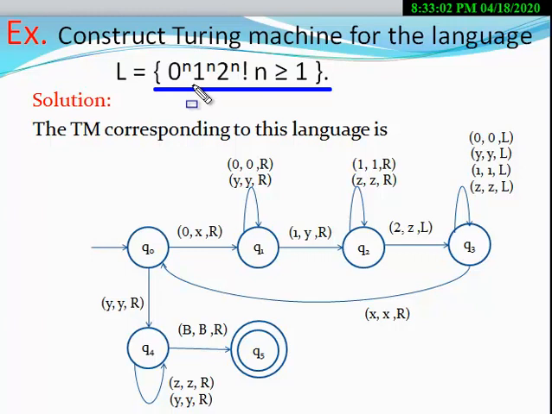As soon as 1 appears, the machine changes 1 into another tape symbol Y. Now the machine again moves in the right direction till 2 appears in the tape string. As soon as 2 appears, the machine changes 2 by the tape symbol Z and moves in the left direction.